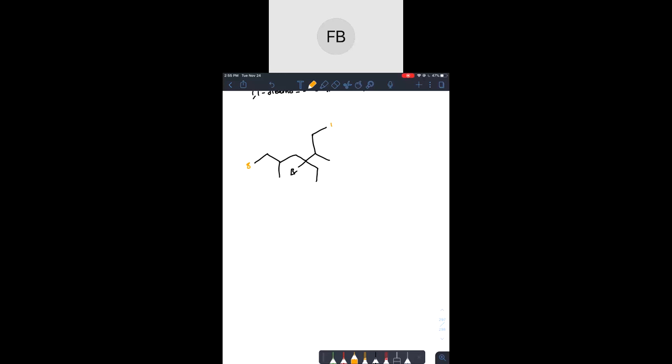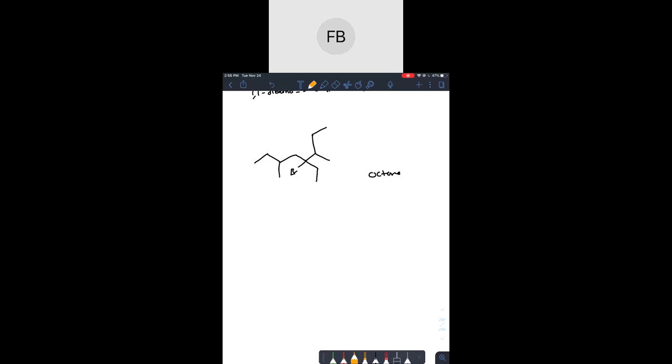So it's some kind of octane. And then I'll figure out what will give me the lowest numbers, like the maximum number of lowest numbers. So if I start counting from the left, it would be 3 methyl. If I start counting from the right, it will also be 3 methyl.